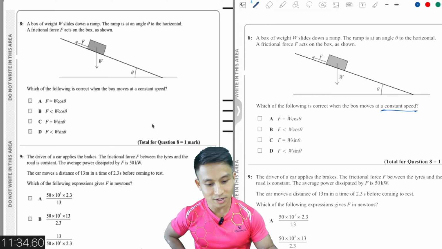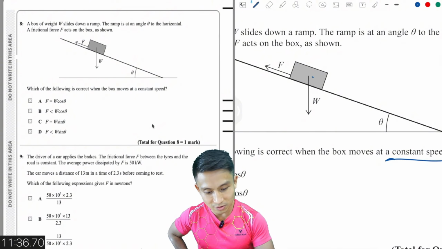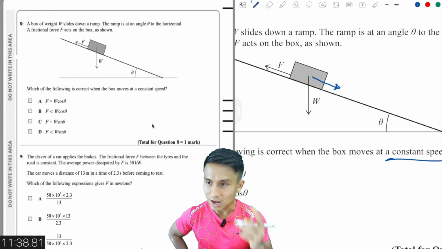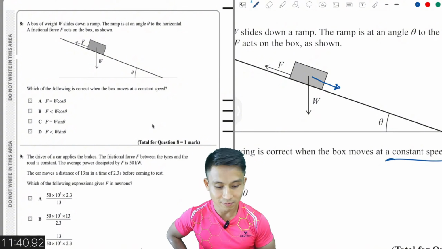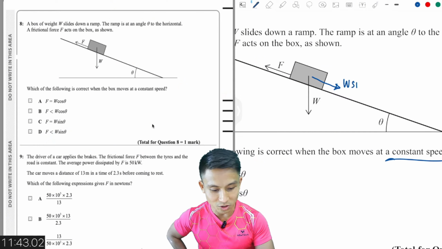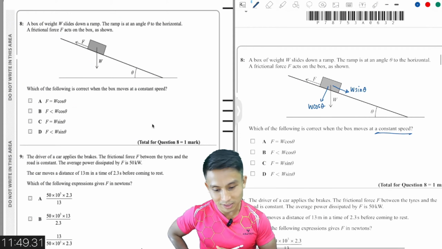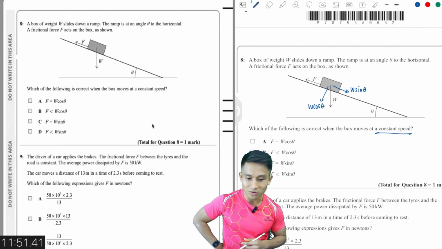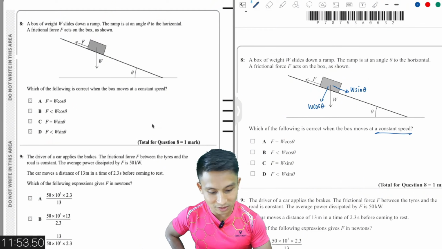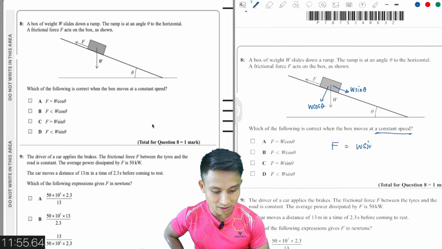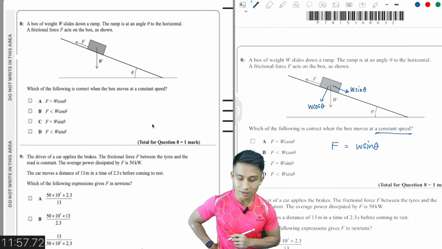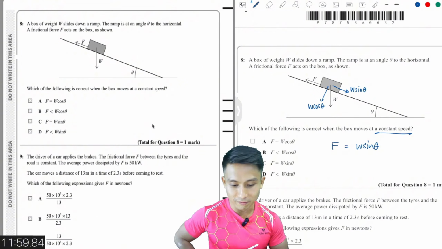When we have an inclined plane like that, this component is almost always W sine theta, and that one is W cos theta. But because we already know this is constant speed, we're just going to say that F should be equal to W sine theta. There is no other pulling force.